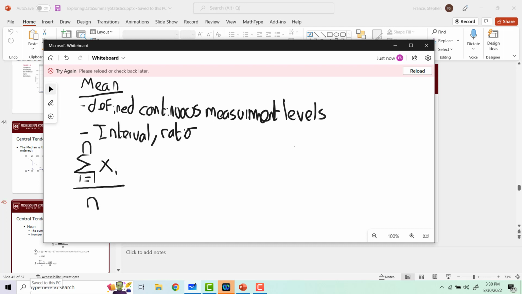And if this is a sample, we call this x bar, but do have a note that if we have an entire population, this would actually be mu.